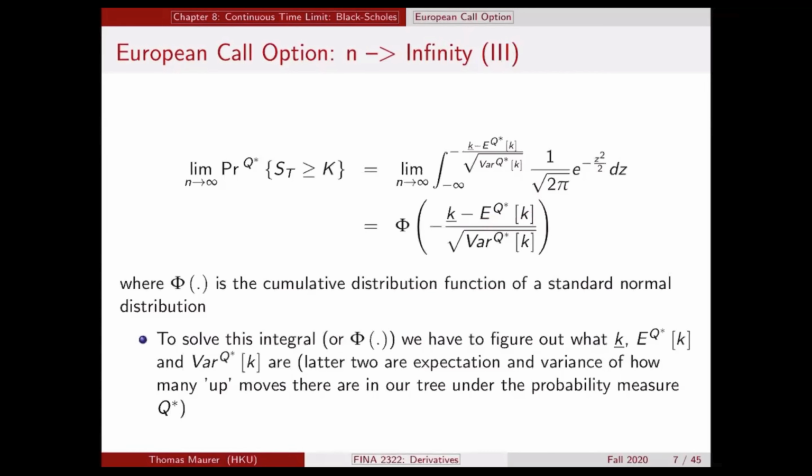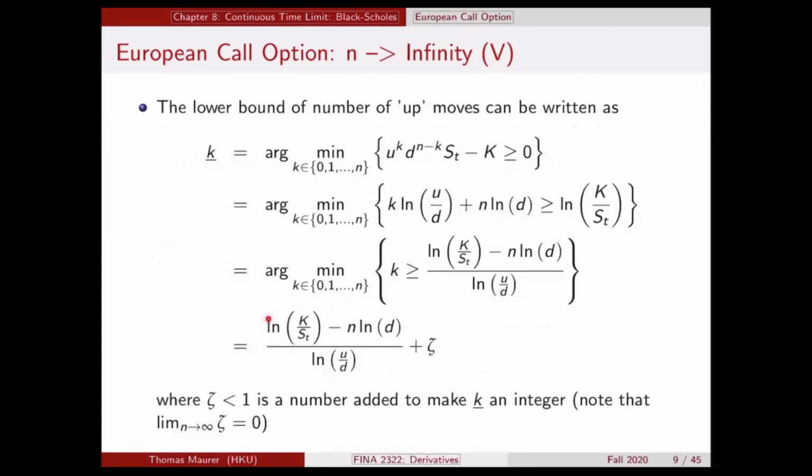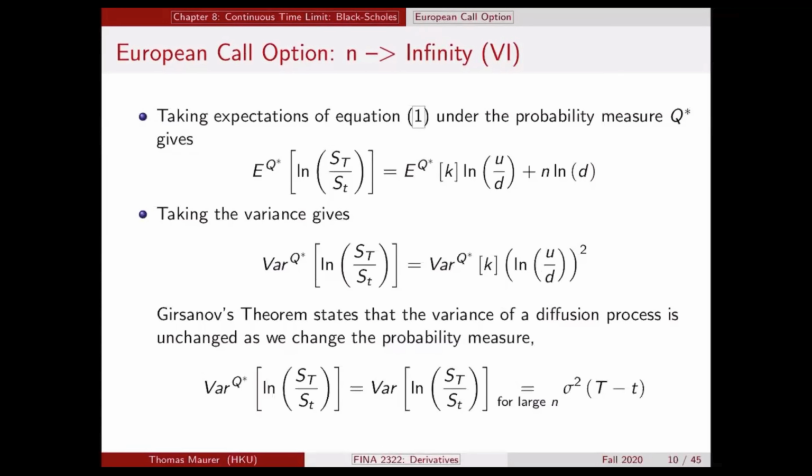So we have established what is k lower bar. That's what we did on this slide. We have just established before what is that expectation of k, which needed many steps, and we have also seen before what is that variance of k under that q star probability measure.